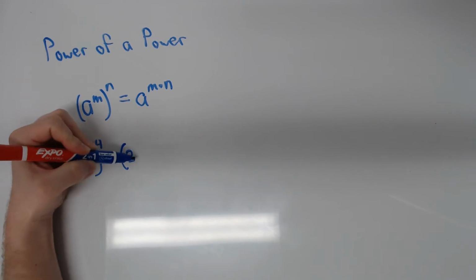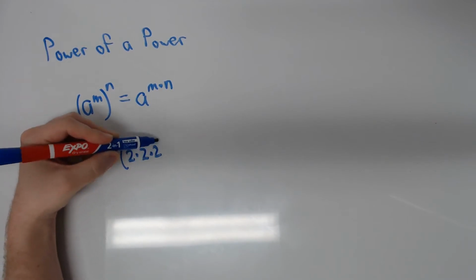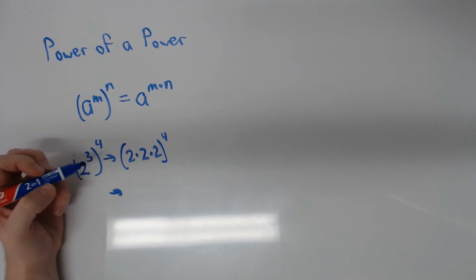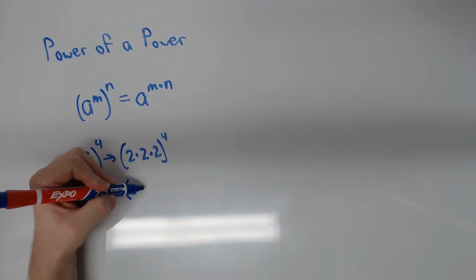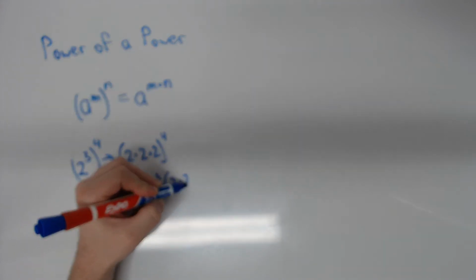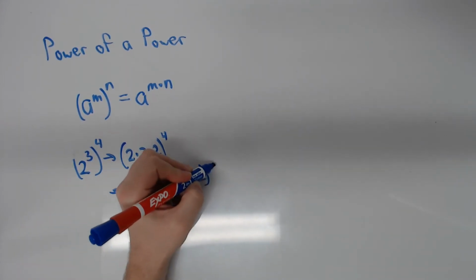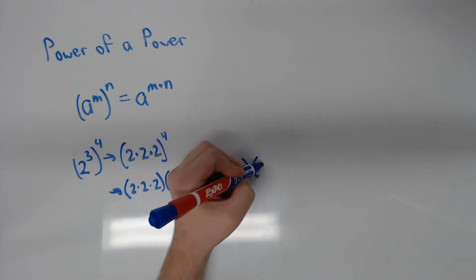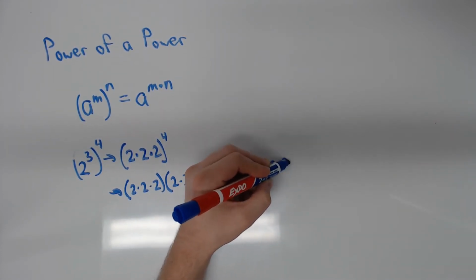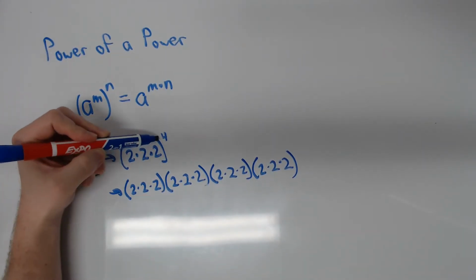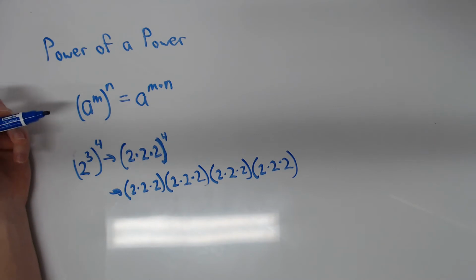So 2 cubed looks like 2 times 2 times 2, but then we have a 4th power outside of that. So now it's going to be 2 times 2 times 2, 2 times 2 times 2, 2 times 2 times 2, 2 times 2 times 2. The 4th power means to multiply whatever the exponent's on by itself 4 times.